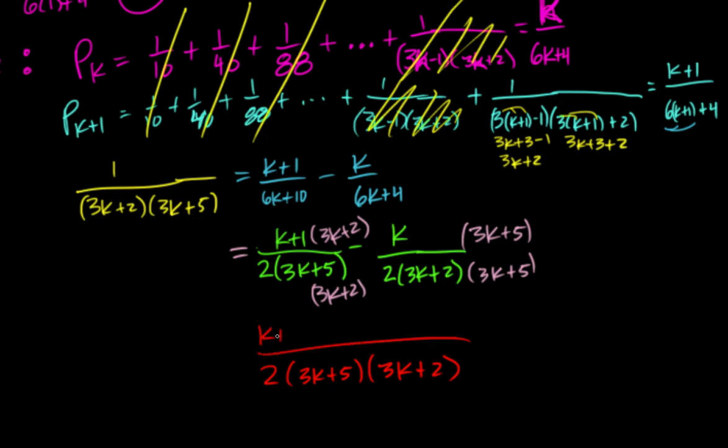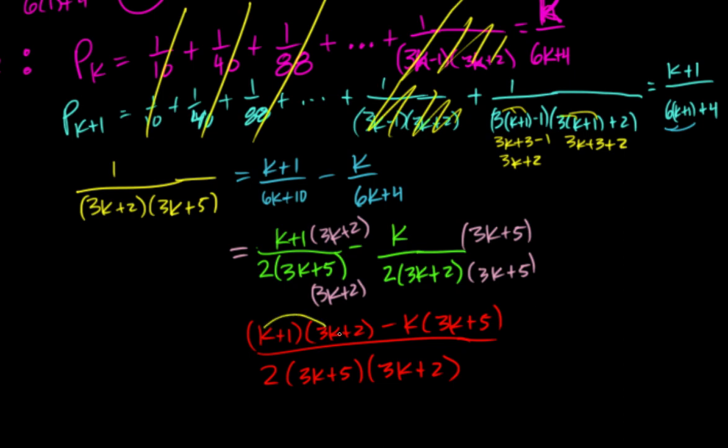And we get k plus 1 times 3k plus 2 minus k times 3k plus 5. All right. Now, what we're going to do is just distribute on top.